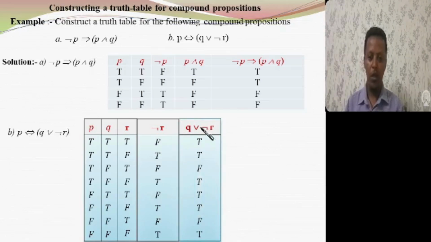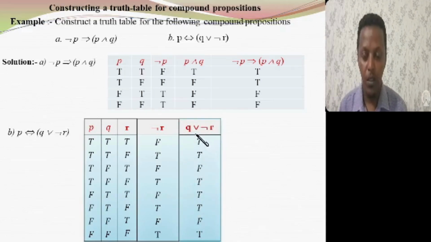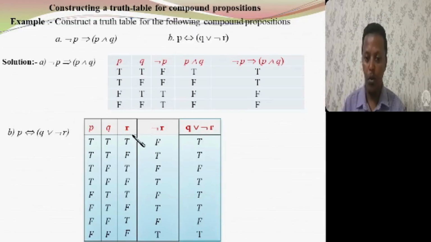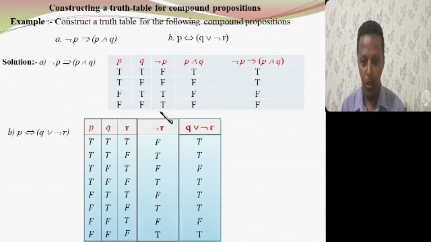For the fifth column, we apply the rule of disjunction. For disjunction, you remember, when both are false, it will be false, otherwise it is true. So we combine Q, the second column, with the fourth column based on disjunction. True or false?